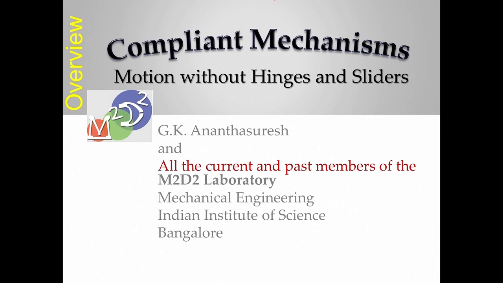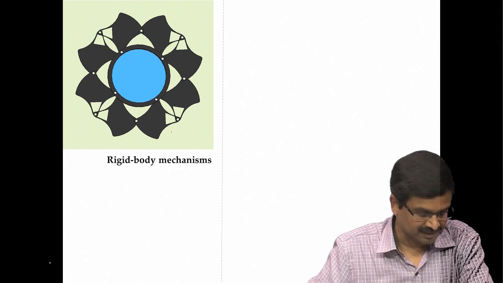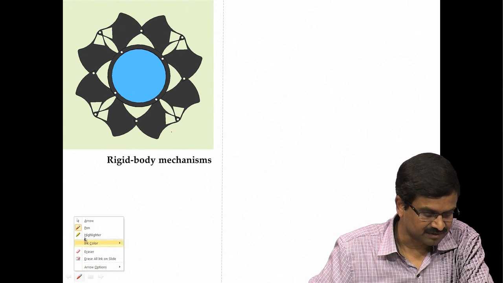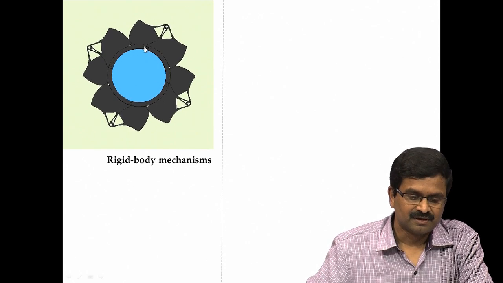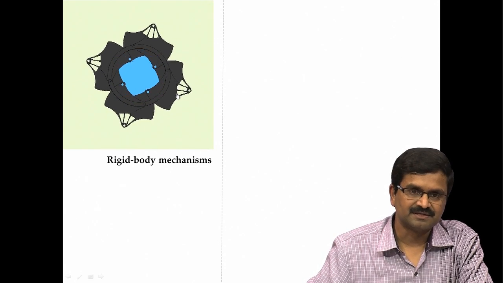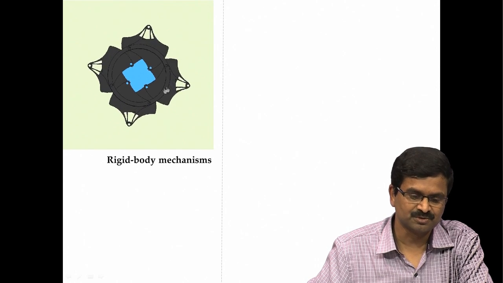Let us look at a couple of conventional mechanisms. The one that you see here, if you turn something here circumferentially, it is moving radially in and out as this mechanism shows, and mechanisms intrinsically are very beautiful.